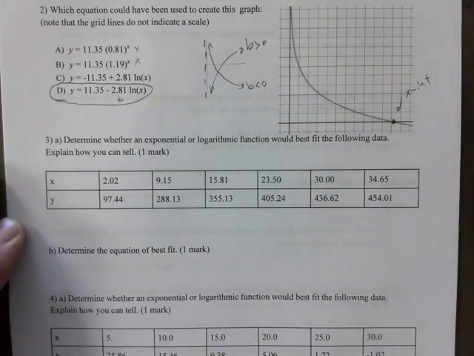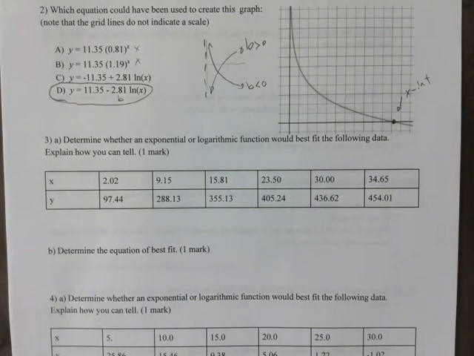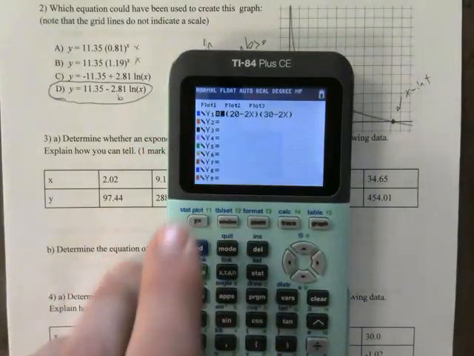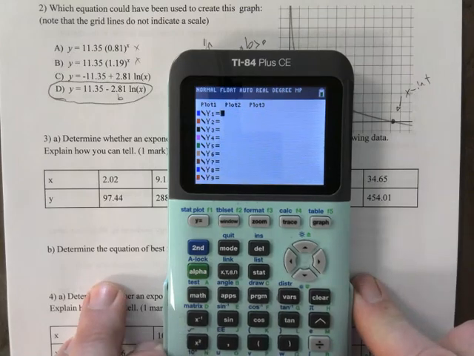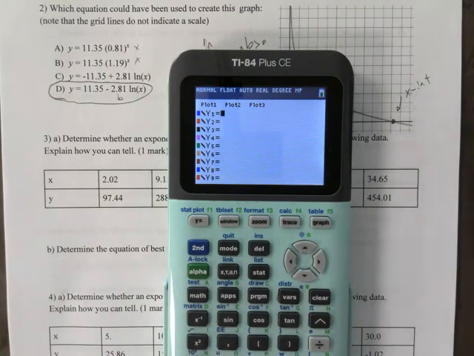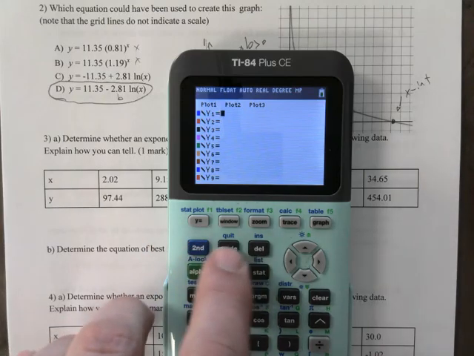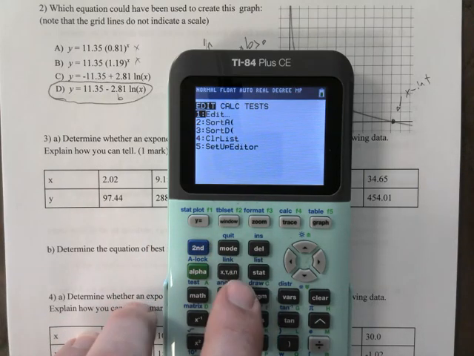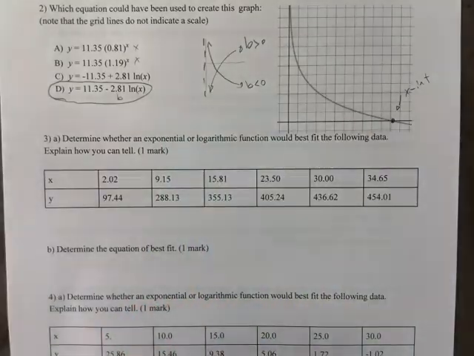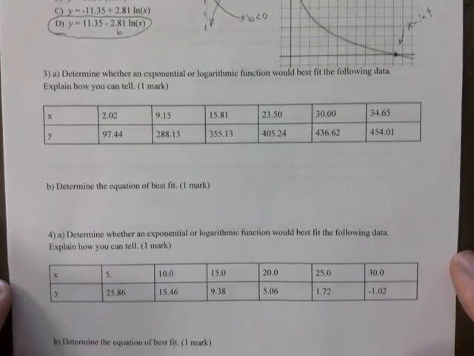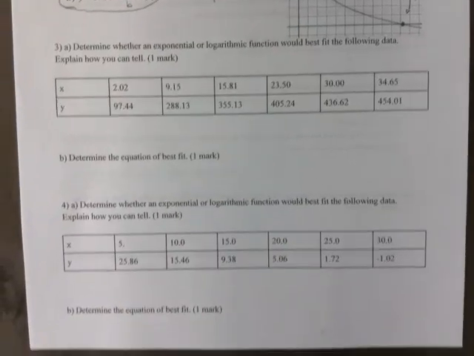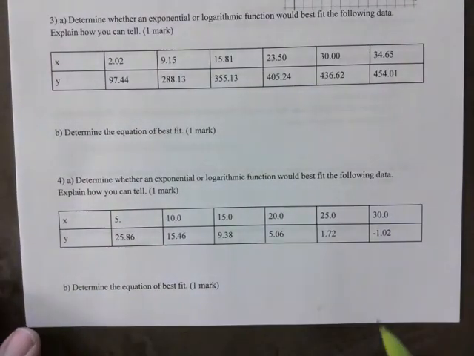Anybody disagree? Nobody disagrees on this one? Okay. Again, I told you I was going to tell you which ones to use moving forward, but there was a time where that wasn't the case. You know what? I will come back to this later. I'll take some time to type this in and then come back to that later. If you disagree with me, that's fine. I will tell you why once I look at the scatter plot.